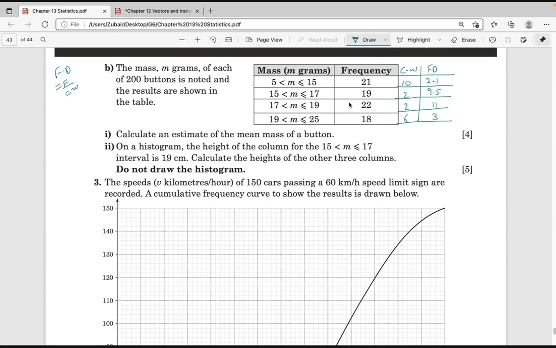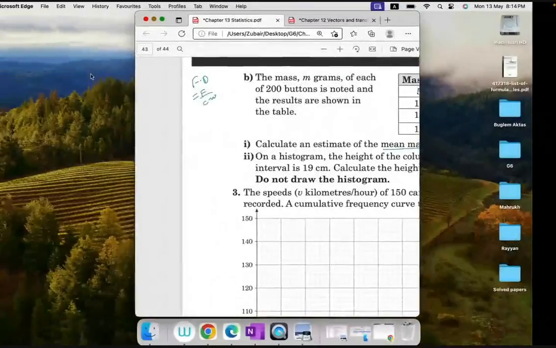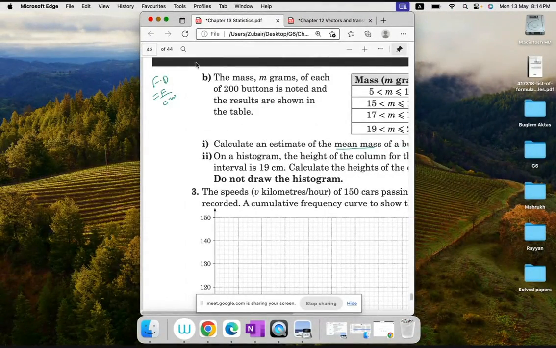I'm sorry, I didn't read the question, I just started off. First part says calculate an estimate of the mean mass. So for the mean mass, I'm using this writing space.